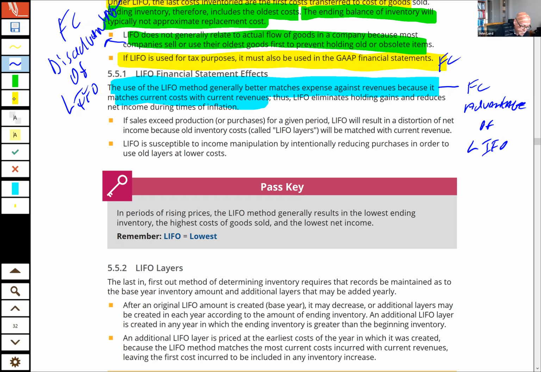Now, if sales exceed production or purchases for a given period, LIFO will result in a distortion of net income because old inventory will be matched against current revenue. So LIFO is susceptible to income manipulation. Flashcard, big disadvantage. That's a big problem with LIFO.